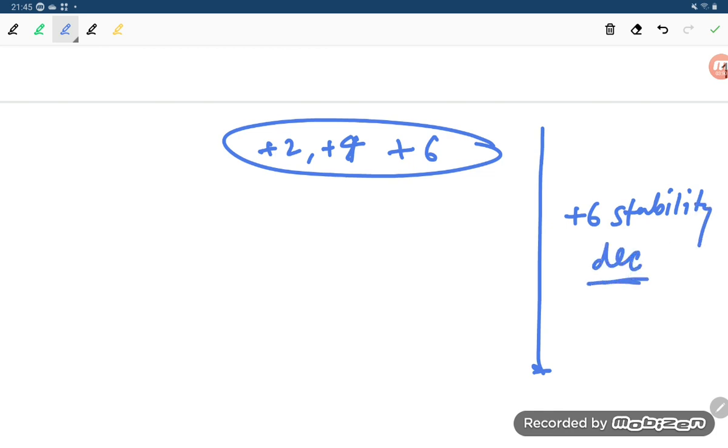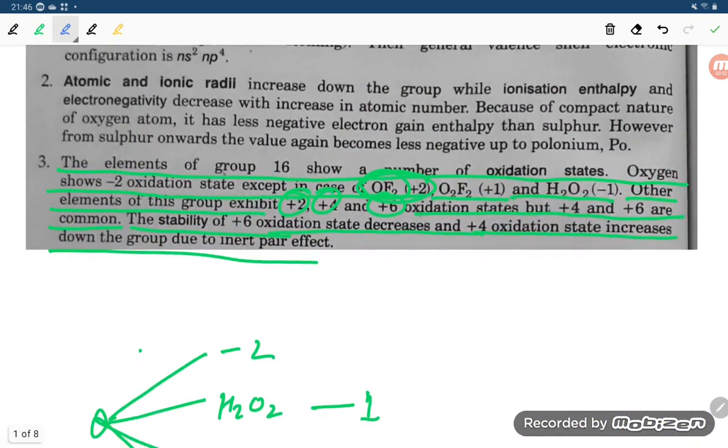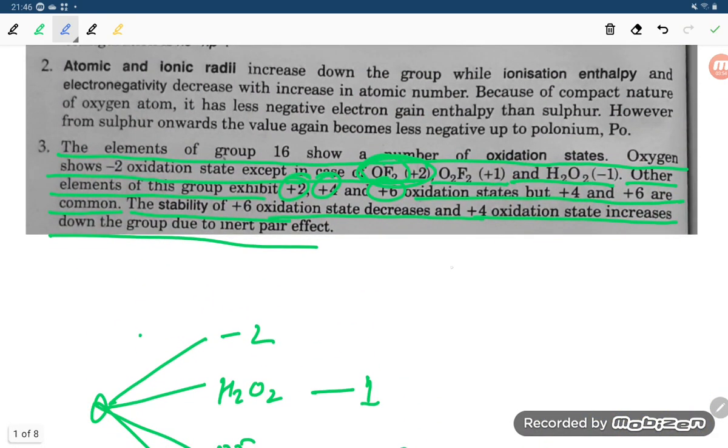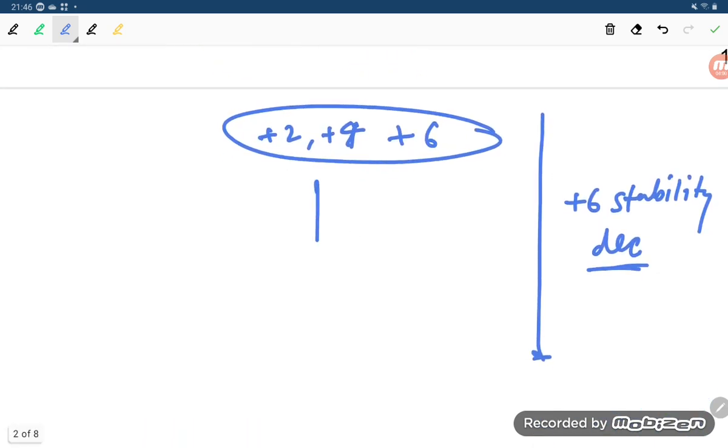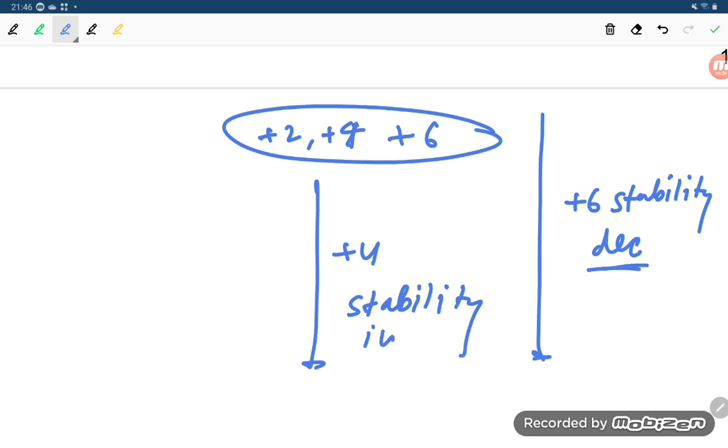The ns2 electrons do not take part in bonding, so only +2 and +4 are available, while +4 stability increases. The reason is the same, student: the inert pair effect. This is our required answer.